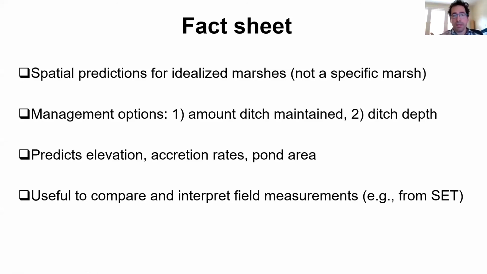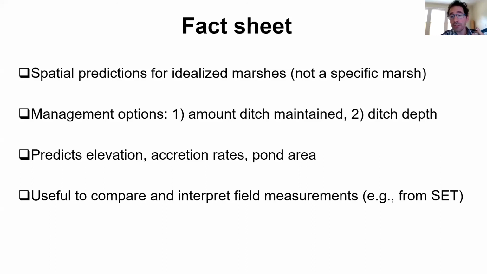So we can predict the elevation in space, the accretion rates and the amount of pond area. Again, a pond is potentially at high elevation, absolutely, but it's not connected to a channel, so the water is impounded and the marsh vegetation doesn't grow. And this could be useful for many things.